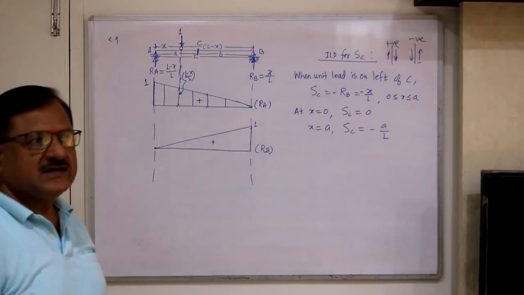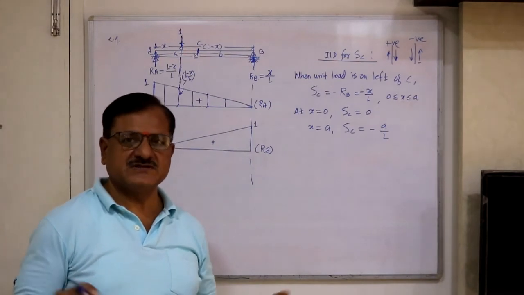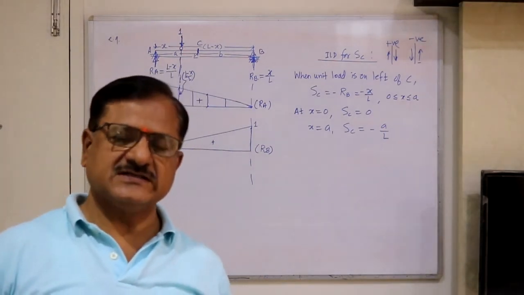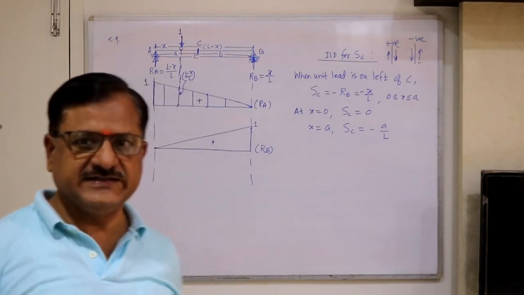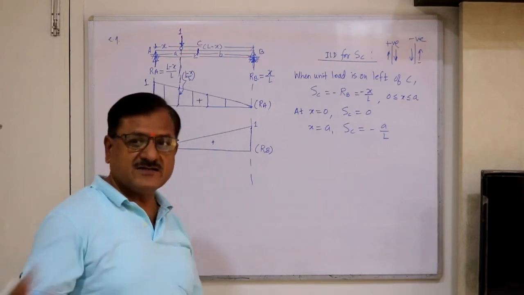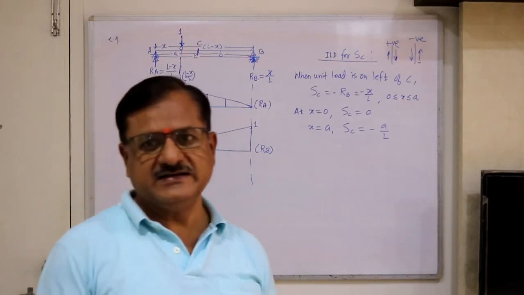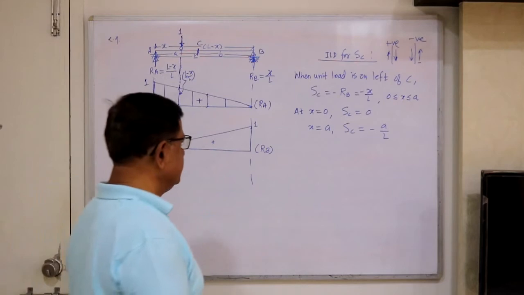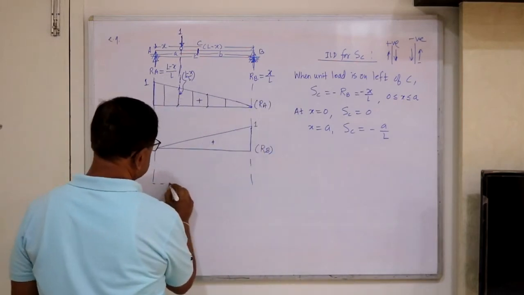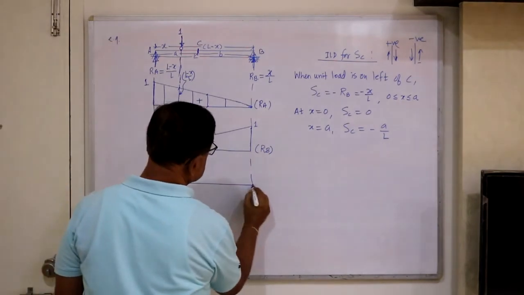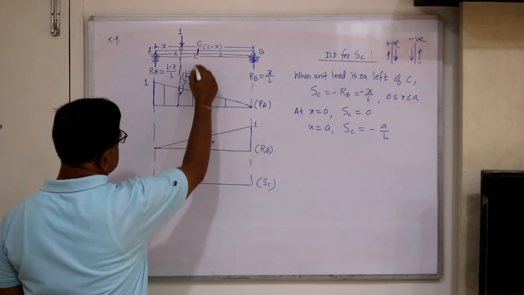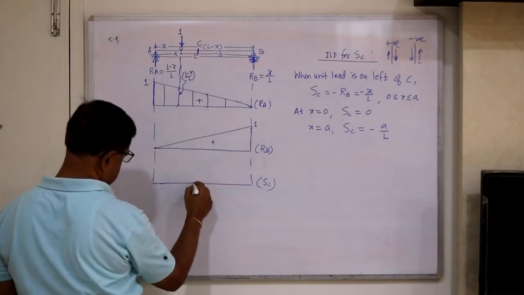Linear variation. We are going to construct ILDs for determinate structures, and one thing to remember: for determinate structures, ILDs are always linear, so there is no question of a curve. Only for indeterminate structures will the ILDs vary non-linearly. So now let's take a reference line, the ILD for shear force, and the section C is here.